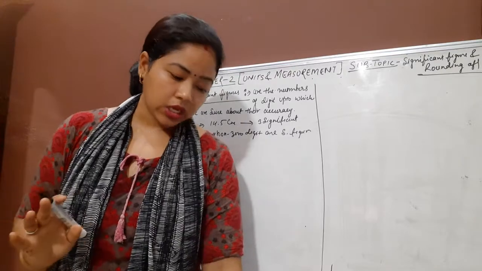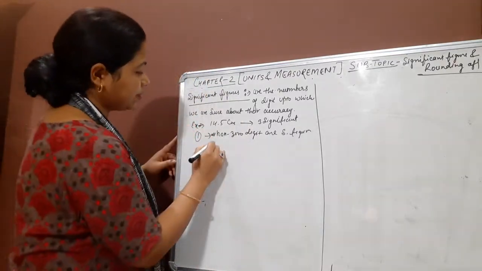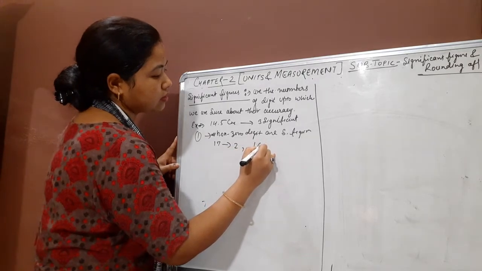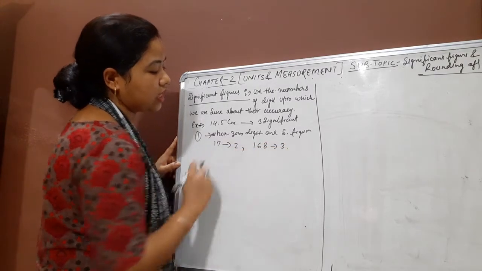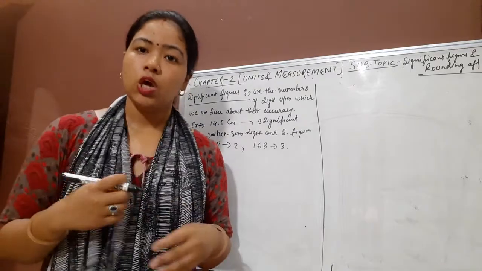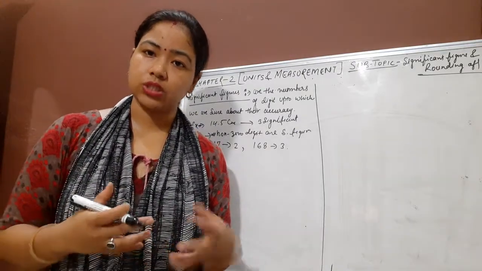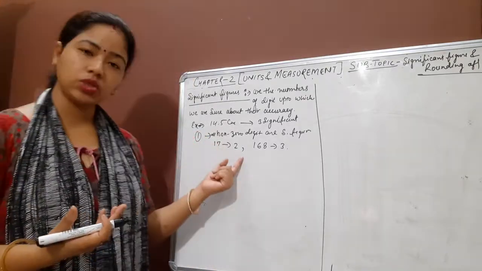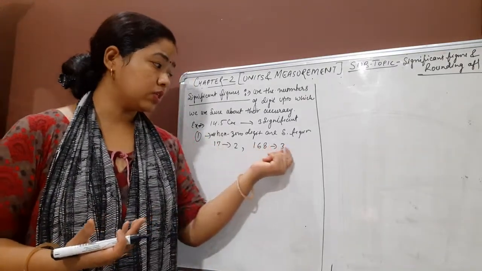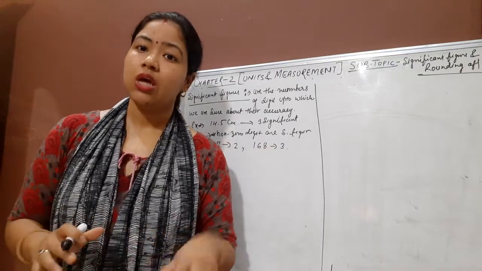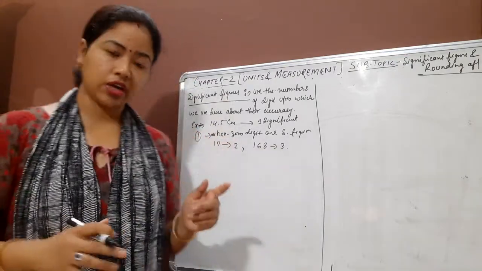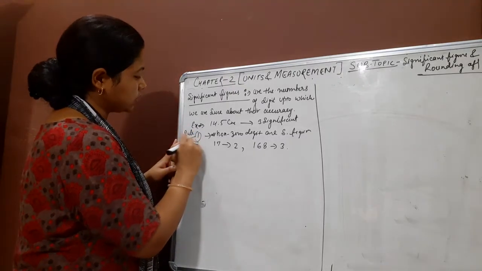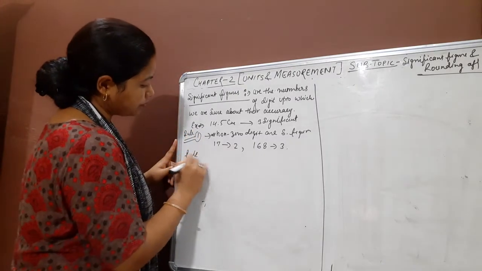Suppose हमारे पास given है 17, like 17 में कितनी significant figures हैं, 2 हैं. अगर हमारे पास है 6, 0, 8, इसमें हमारे पास 3 है. जितनी भी नॉन जीरो डिजिट्स होंगी वो सारी सिग्निफिकेंट फिगर्स में काउंट होंगी. अगर यहाँ पे 2 है तो यहाँ पे 2 सिग्निफिकेंट फिगर्स होंगे. यहाँ पे 3 डिजिट्स है तो यहाँ पे 3 सिग्निफिकेंट फिगर काउंट होंगे. That is the very first rule for the significant figure, to count the significant figures from any quantity, from any digit. Rule number 1.